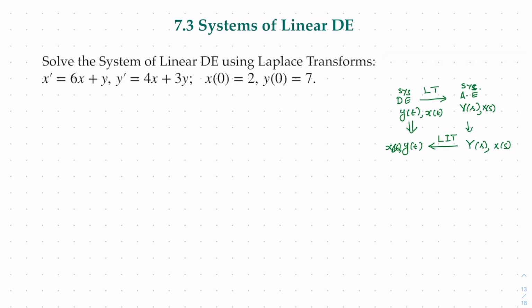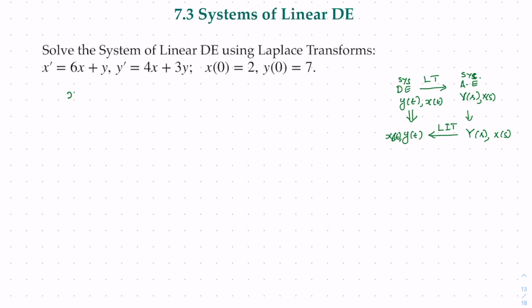So a couple of things before I move forward. Let's take a look at the system. The system that we have here is x prime of t equals 6 times x of t plus y of t, and y prime of t equals 4 times x of t plus 3 times y of t.